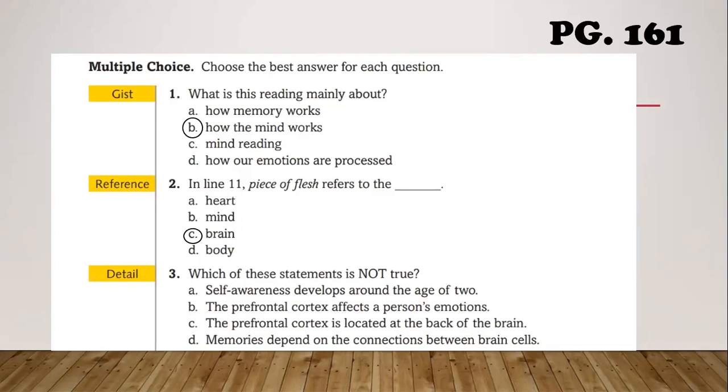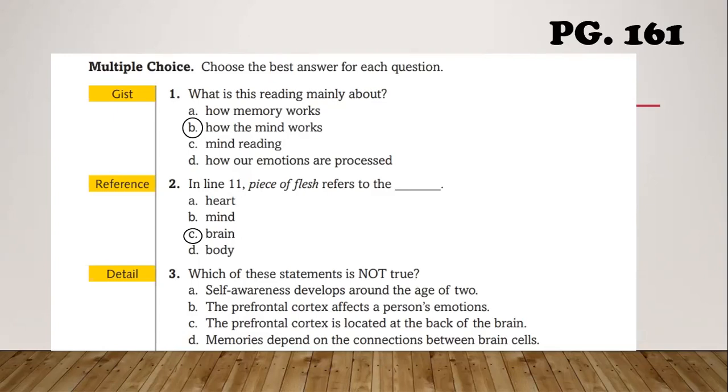In other words, 3. Okay, Andrea Guzman says it is 3 for her. How about the rest? Prefrontal cortex. Is that one, guys? Number 3.